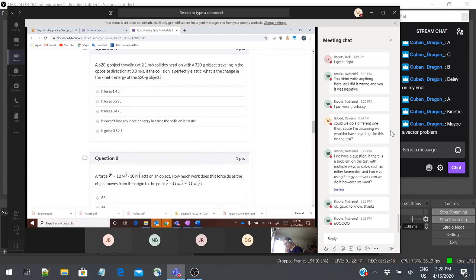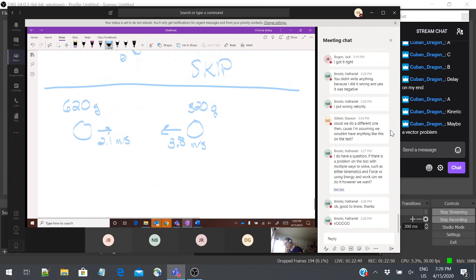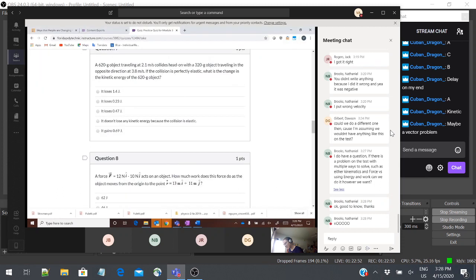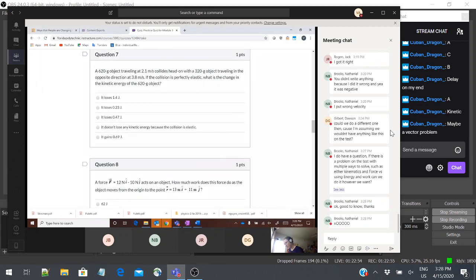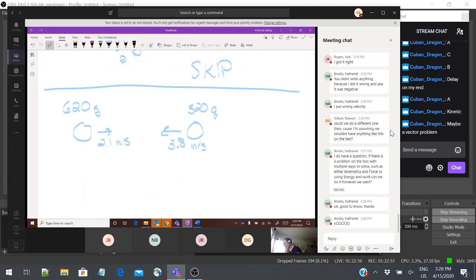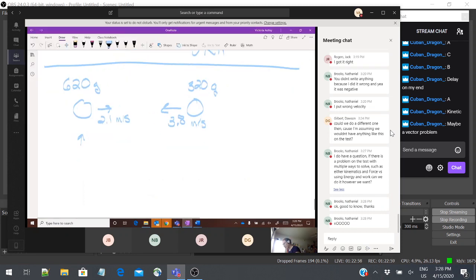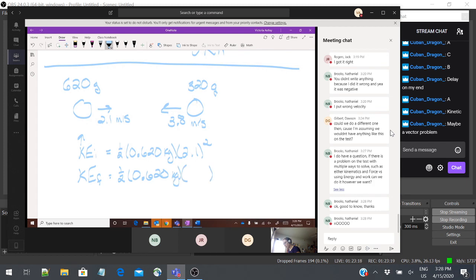Okay. So we're interested in the change in kinetic energy for the 620 gram object. So we're going to focus on this one. We have the kinetic energy initial is 1/2 times 0.620 kilograms times 2.1 squared. Kinetic energy final, we will have to figure out. We don't know.